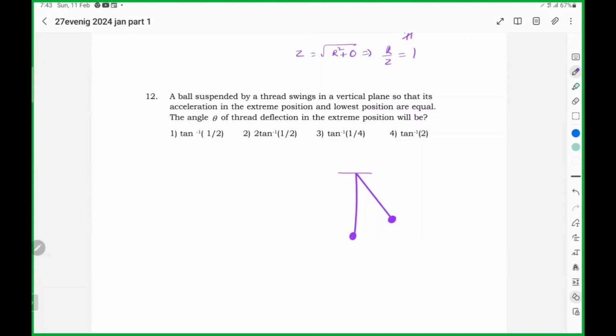Okay. Its acceleration in the extreme position. This is the lower position. It is the extreme position. So what are the forces acting? mg. Here is theta. Here it is g cos theta. It is g sin theta.